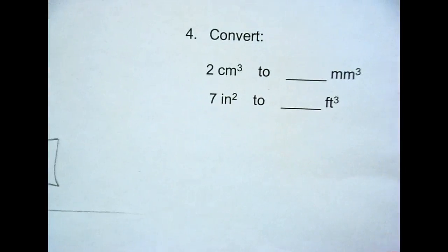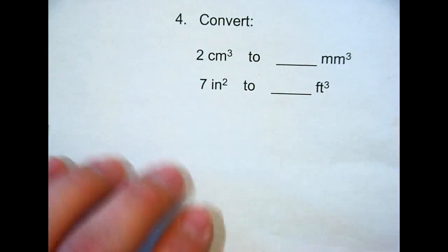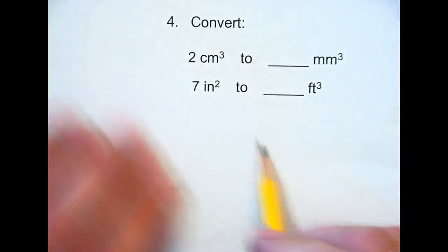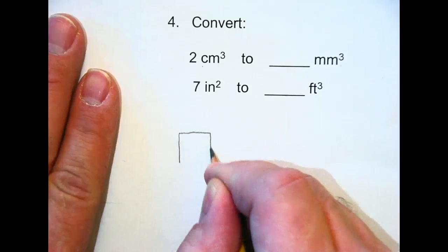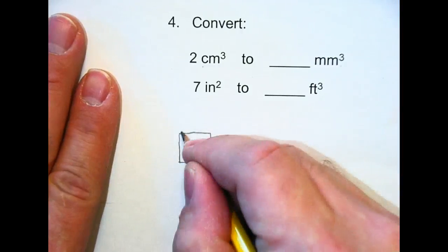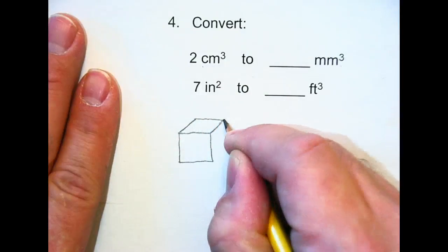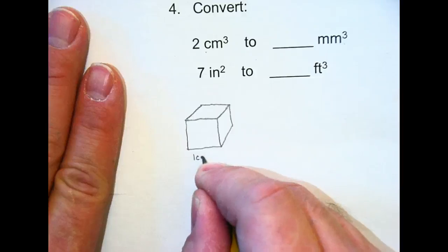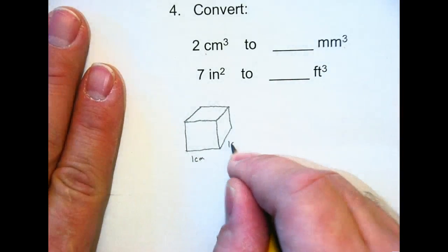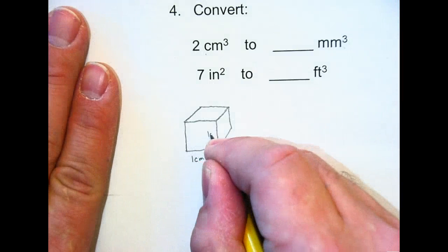All right, we're off to cubic. Cubic is not 2 dimensions, it's 3 dimensions. So if I'm dealing with centimeters and millimeters, our old friends, I now don't have a square, I have a cube, which is a 3-dimensional square. Rather than having 1 centimeter by 1 centimeter, we have 1 centimeter by 1 centimeter by 1 centimeter.